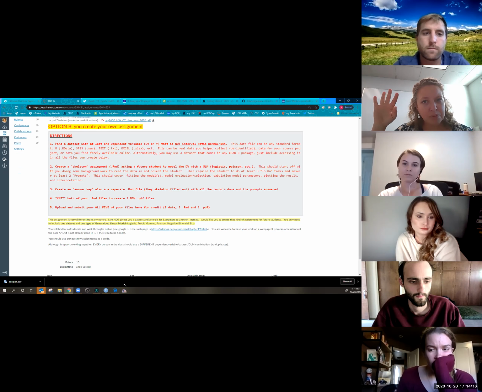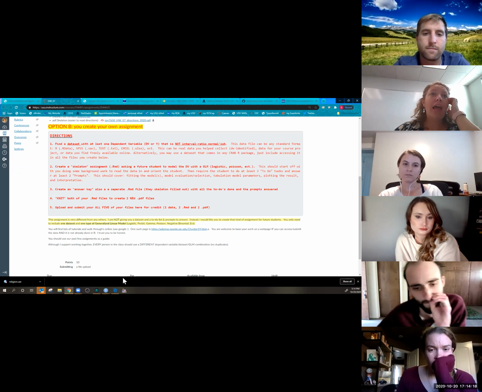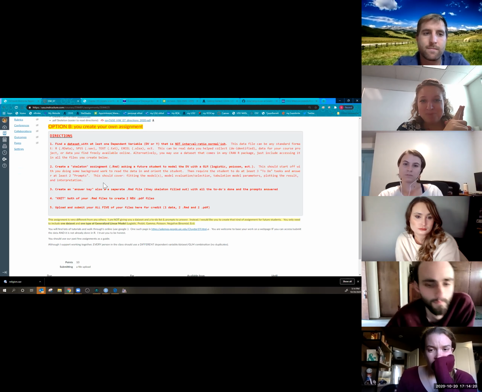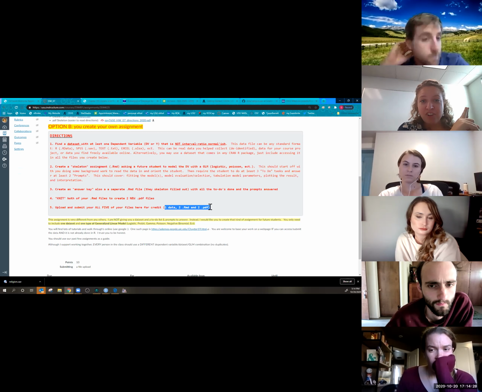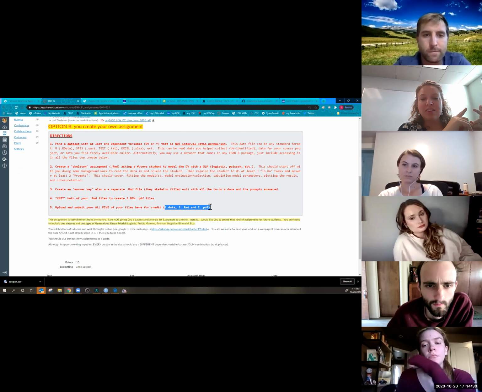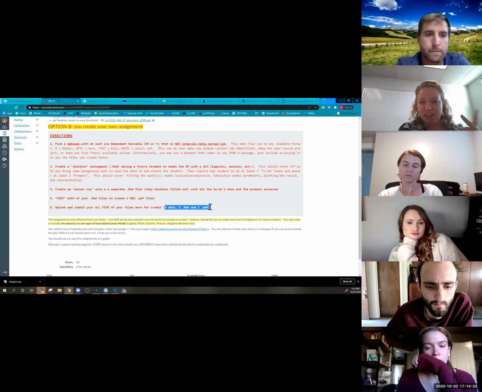We haven't done the reading on them, but if you want to work on that, you can. Get a data set, make your own key and your own skeleton and knit them. You'll turn in your data set along with the R Markdown file for the key and the skeleton, and then the knitted PDF for the key and the skeleton. So it's just another option if you want to take it.